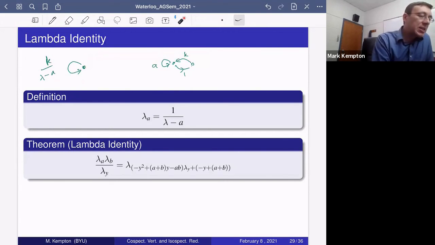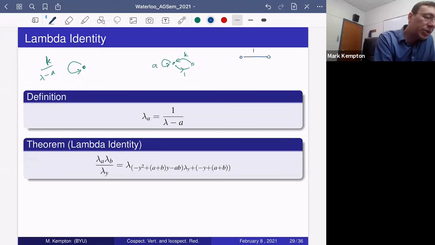And then similarly, if I have an edge weighted with 1 over lambda minus a, then I can replace it with a path of length 3. And again, I can put a weight here if I want that will have the loop a.